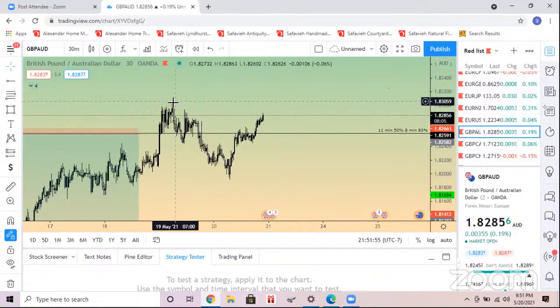If it is able to break above this high, then I'll start looking for buys in here.